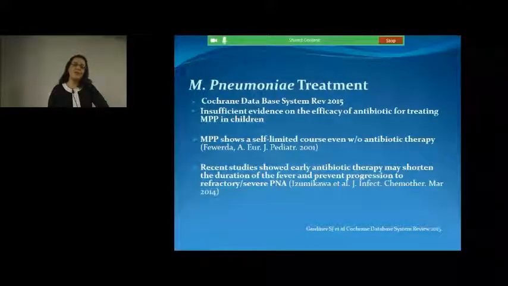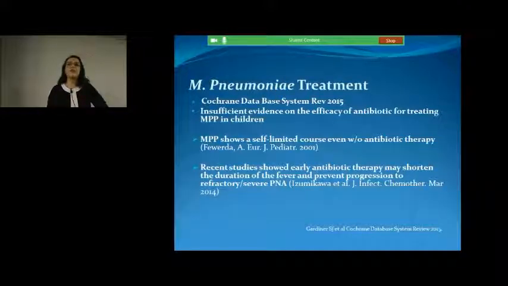And there are some studies in the literature showing that Mycoplasma pneumonia infection has a self-limited course, even without antibiotic therapy. Some studies show that the pneumonia is going to resolve in 10 days regardless, without antibiotics.